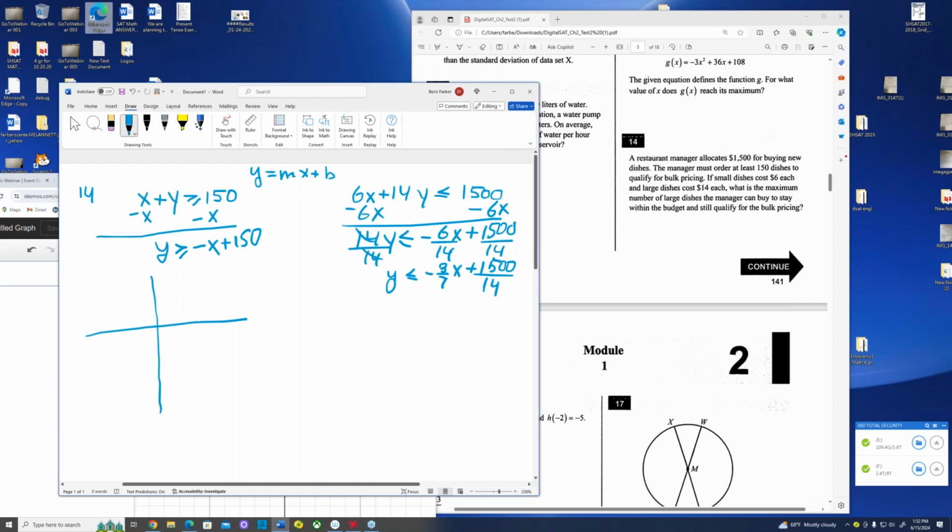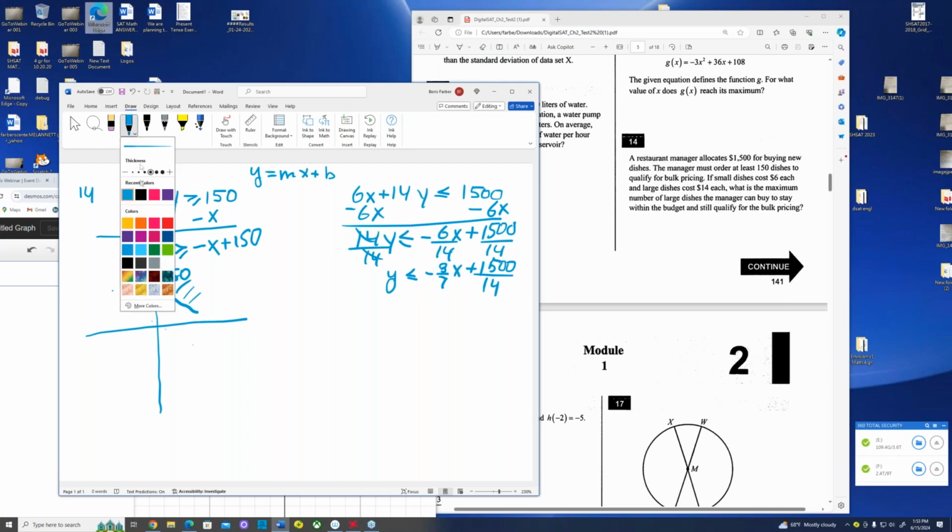Plus 150, it goes like this, parallel to itself. And this is 150. And this is negative x. This is a solid line, and you have to shade above it. So far, so good.